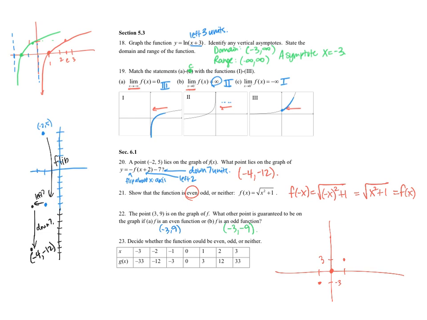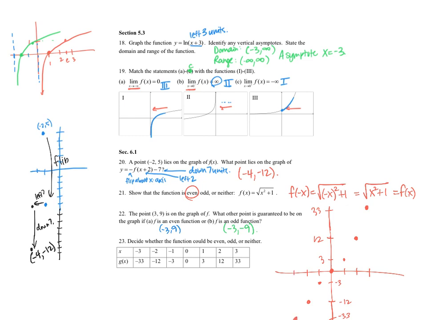We have 2, 12, and negative 2, negative 12. Okay, still looking like it could be odd. Last one, 3, 33, and negative 3, negative 33. Okay.